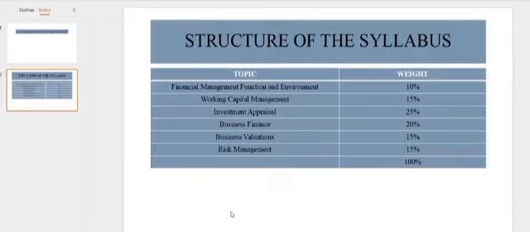So working capital is the name given to net current assets which are available for day-to-day operation of the business. So in simple terms, working capital can be receivables plus cash plus inventory less payables.